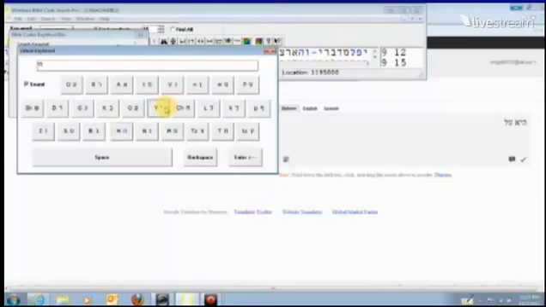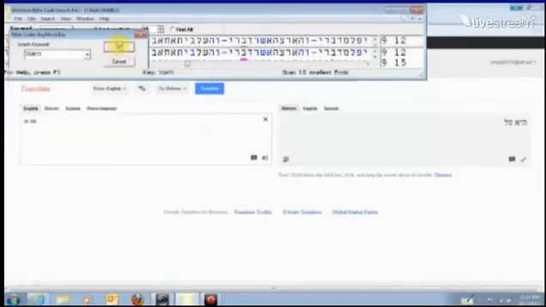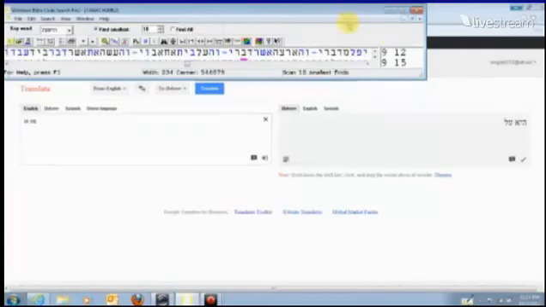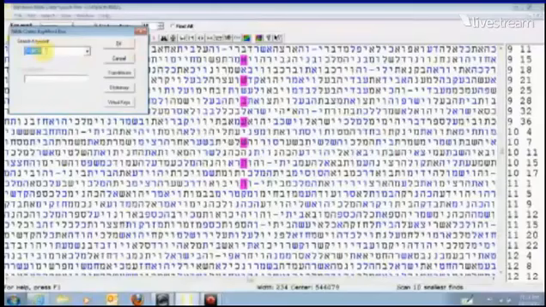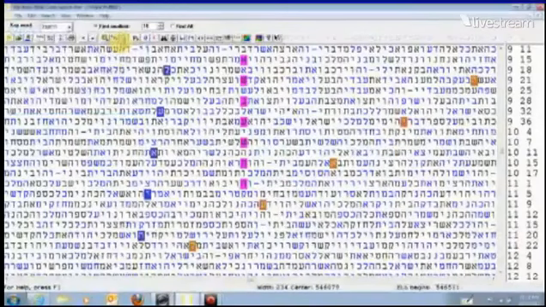Okay, Yud, Aleph, Ayin, Lamed. Here we go. ISON, and there it comes twice. It goes in the table twice.